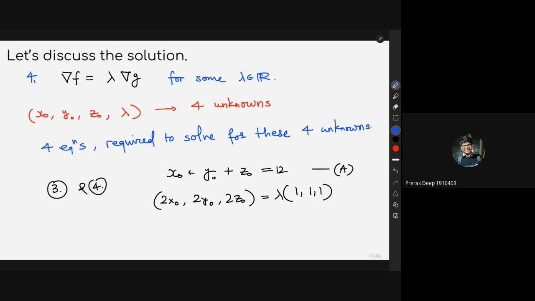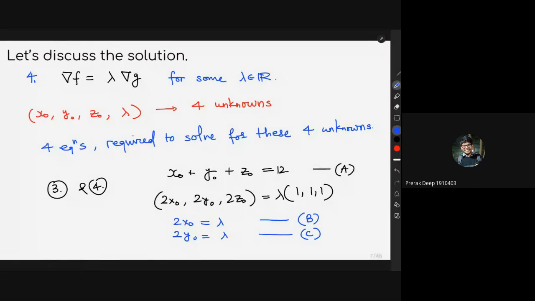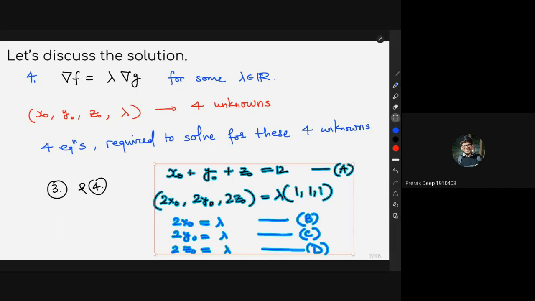Comparing the first coordinate, I get 2x naught equal to lambda, which I will call b. Similarly, 2y naught equal to lambda, I call it c, and 2z naught equal to lambda, I call it d. Okay, so I got these four equations with me.